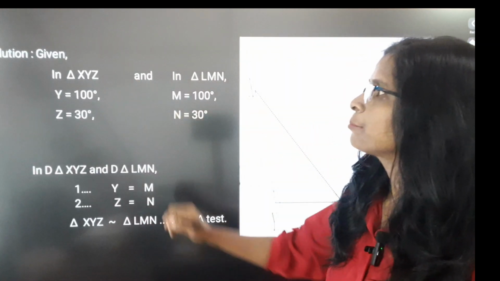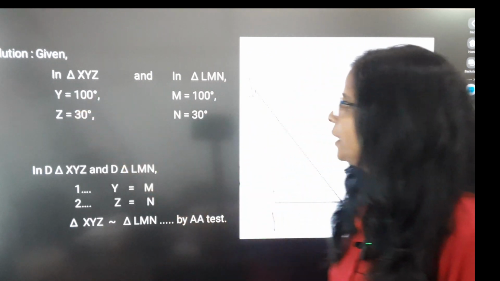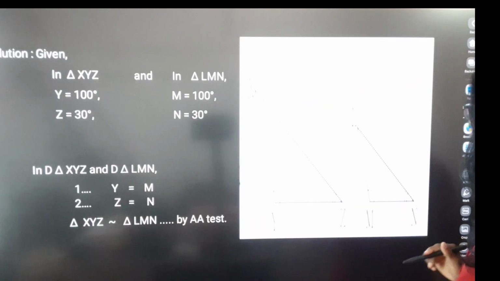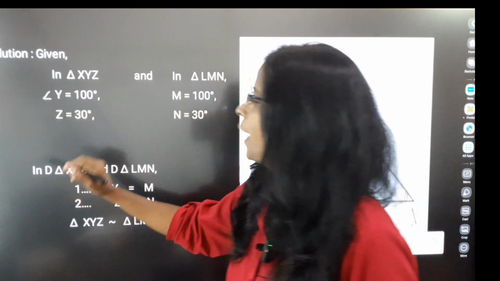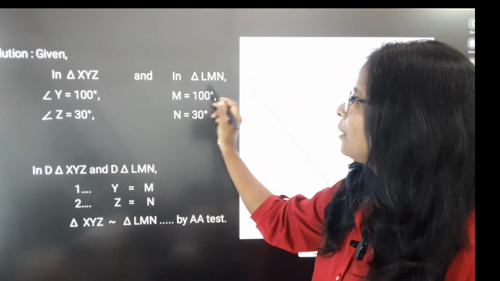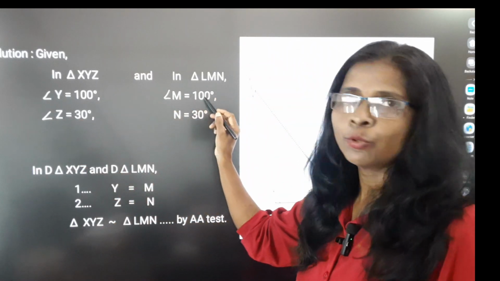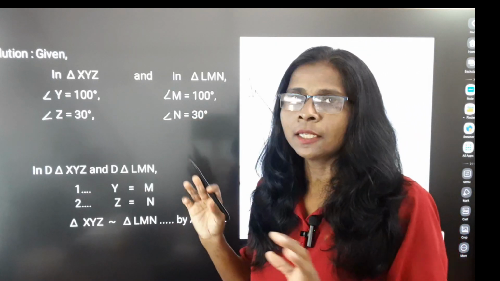First, in triangle XYZ, angle Y is equal to 100 degrees and angle Z is equal to 30 degrees. In triangle LMN, angle M is equal to 100 degrees and angle N is equal to 30 degrees. So these are the given.